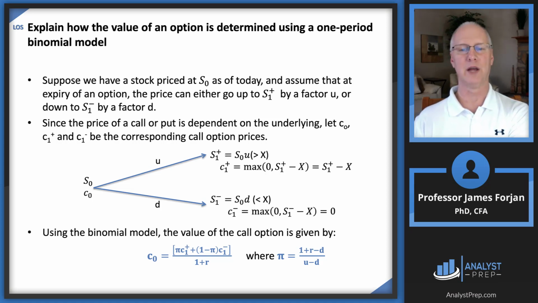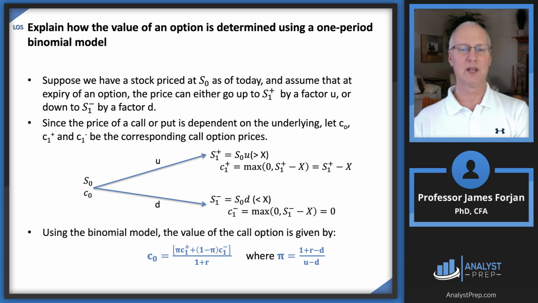Now, pi in that formula has to be some kind of a probability of the uptick or the downtick. And that probability is defined by that formula there, 1 plus r, which is just a regular old time value factor, minus the downtick, and then divided by the up minus the down tick.